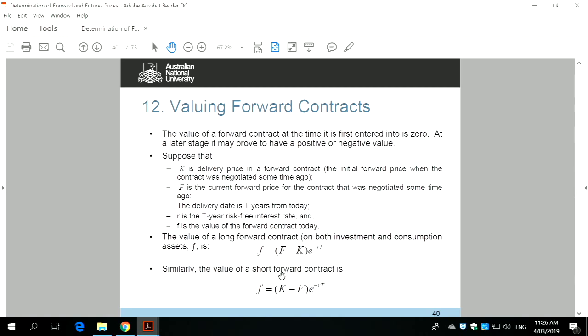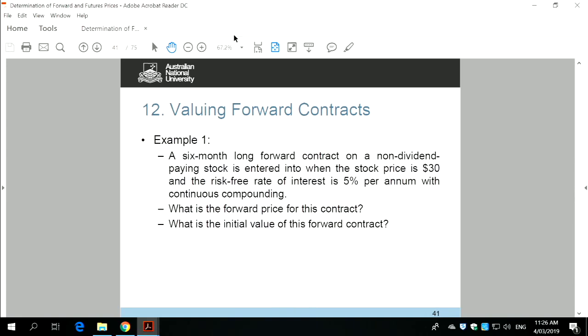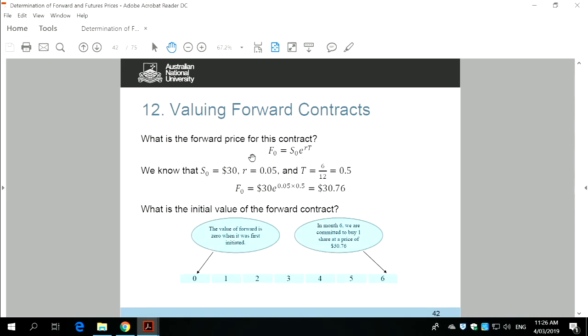Now, vice versa, for the short forward contract, just imagine the very same question. If I change the long to short, the value of this contract will be negative. Why will it be negative? Let's go through this again. Imagine I just changed this question from long to short. Now, in March today, you enter into a short forward contract.